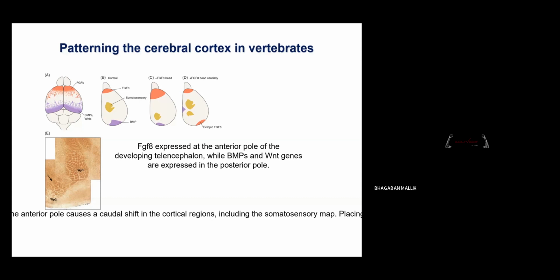When you put an FGF8-containing bead in the posterior portion of the embryo, the somatosensory cortex now divides into two; there is ectopic expression of somatosensory cortex. What I want to highlight is that cortex development requires a distinct set of genes and also distinct signals, like FGF, WNT and BMP, for the development of the cerebral cortex in vertebrates.